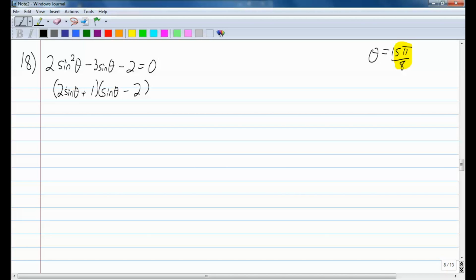If we multiply 2 sine theta times negative 2, that will be negative 4 sine theta. And if we multiply positive 1 times sine theta, that will be plus 1 sine theta. And so that gives us negative 3 sine theta, which is my middle term. So that means it's factored correctly. Now we can set each factor equal to 0 and solve.